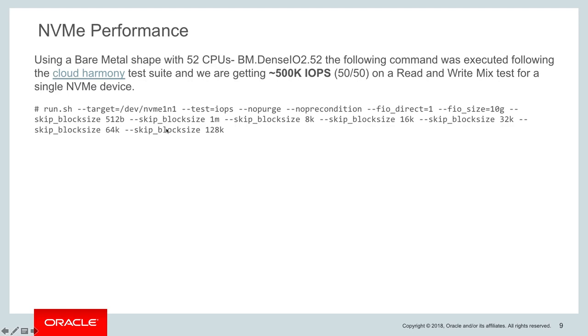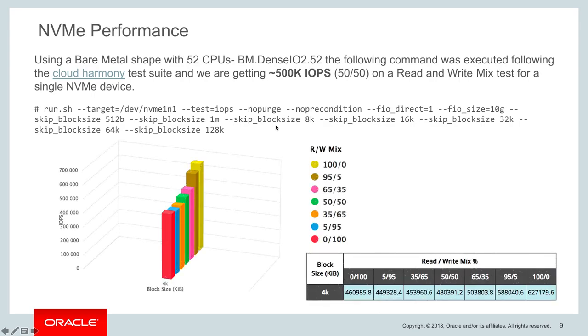Then we're running a command to do 50/50 read and write operations on a block size of 4K. When we do that, you can see the metrics here. We can get around 500K IOPS on that unique NVMe device.